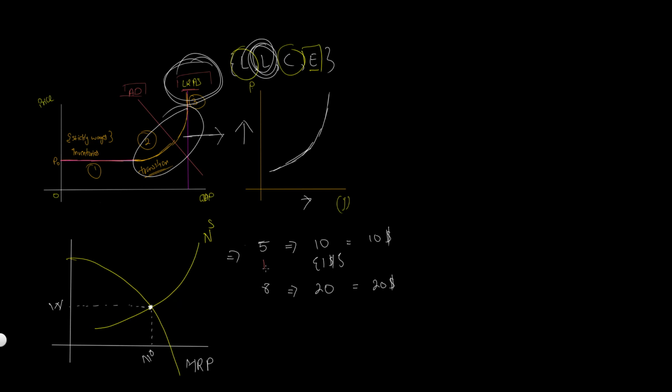By employing 3 extra laborers, those three extra laborers are giving me a total product of 10. My product has increased by 10 by employing those 3 extra laborers, and my revenue has also increased by 10.